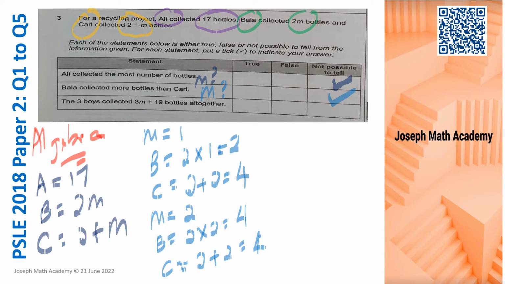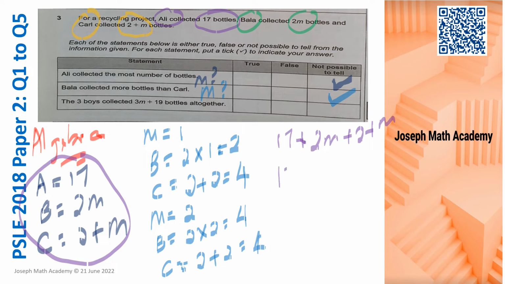Now for statement number 3, the 3 boys collected 3M plus 19 bottles altogether. Let's add this up. So 17 plus 2M plus 2 plus M. Let's add the whole number terms first, the non-algebraic terms first.